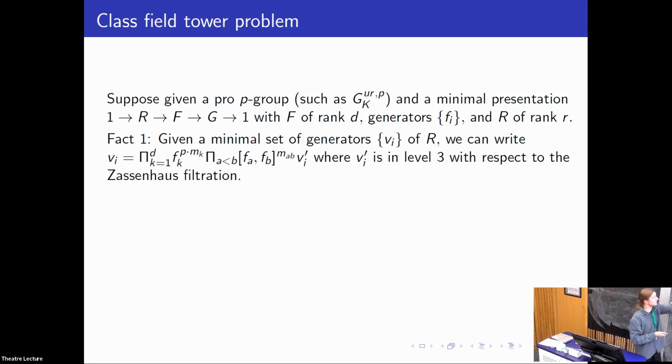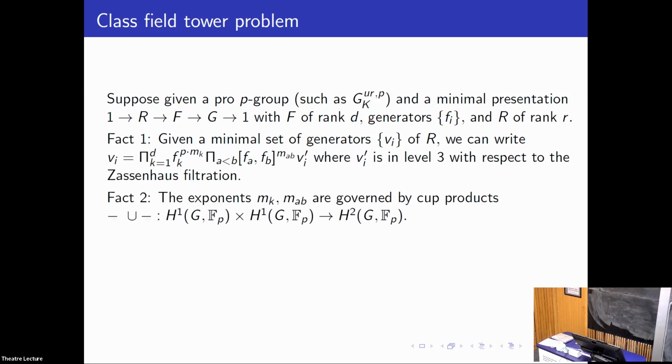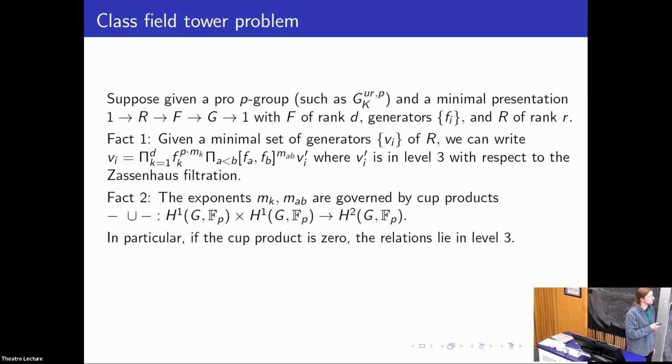It turns out what governs these exponents will be cup products. The exponents that appear in this way of writing the relations are governed by the cup product from H1(G) to H2(G). In particular, you can show that if the cup product is 0, then the relations will lie in level 3.